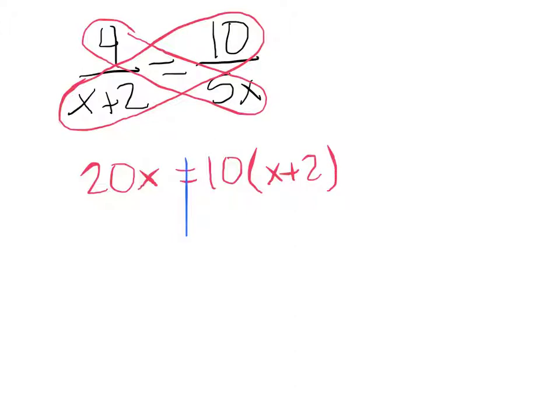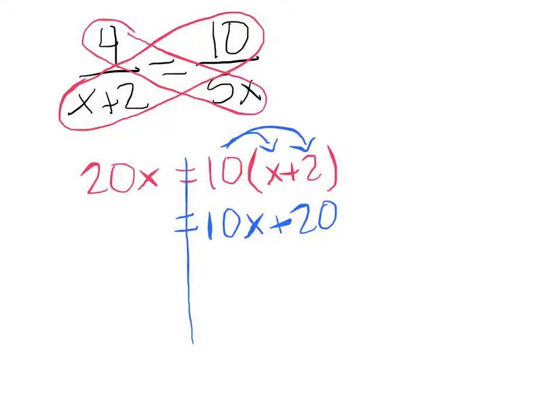Now if we draw our line down the equal sign, we can see that on the right hand side we need to distribute, so before we can do any undoing. When we distribute that 10, we're going to end up with 10x and 10 times 2, which is 20. We didn't need to do any distribution on the left-hand side, so that stays 20x.